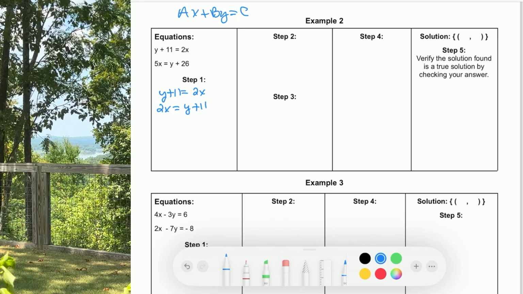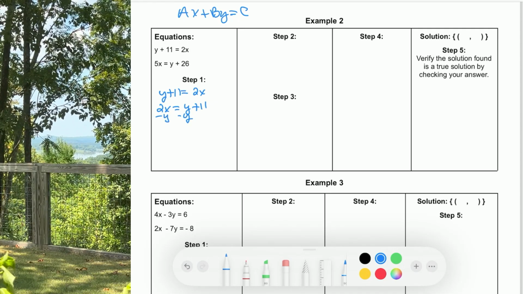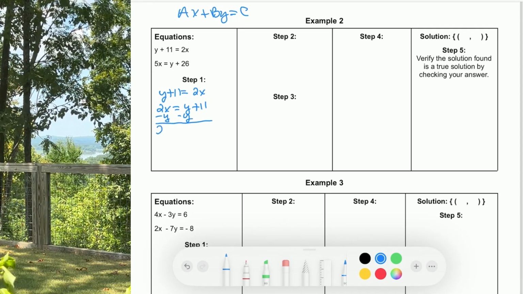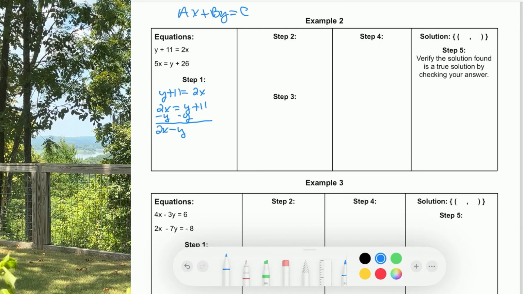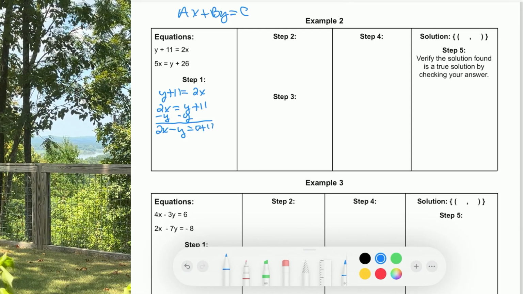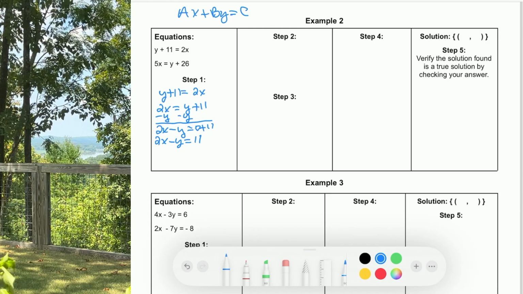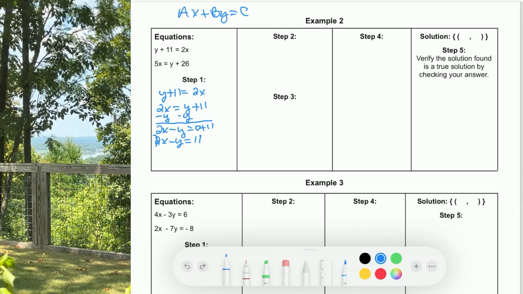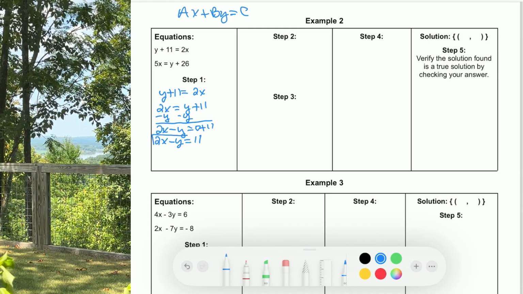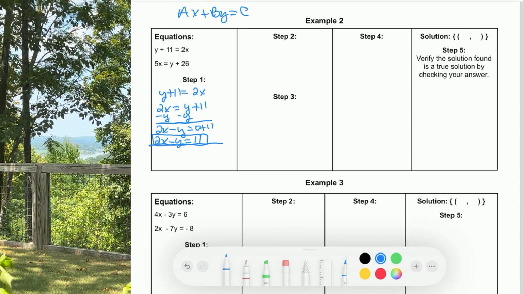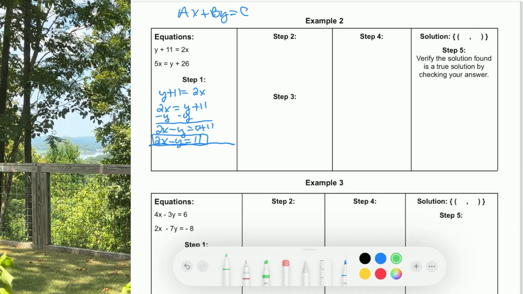All right, so now I can see that I need to subtract the y from both sides to get it on the same side as the x, and I get 2x minus y equals 0 plus 11, which is 2x minus y equals 11. All right, so that's one equation. Now we need to adjust our other one.